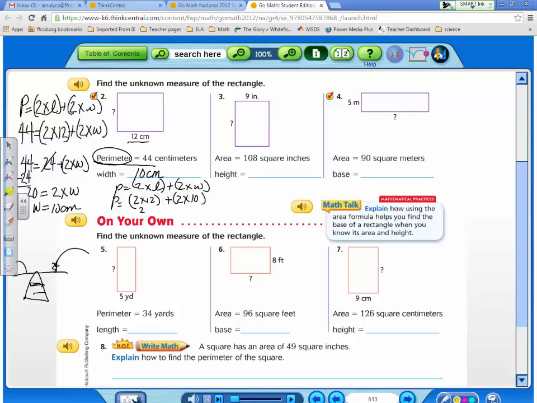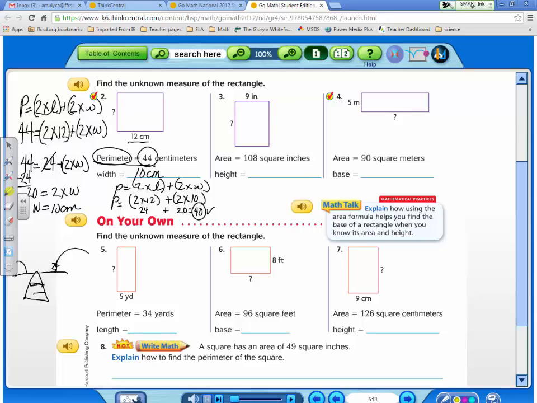And so we have 24 plus 20, and that does equal the 44 that we were given. So that actually is a perfect check. We did great. So the first thing you do is write the formula. Second thing is plug in what you know. Third step is to start solving, and then you end up solving for your unknown.